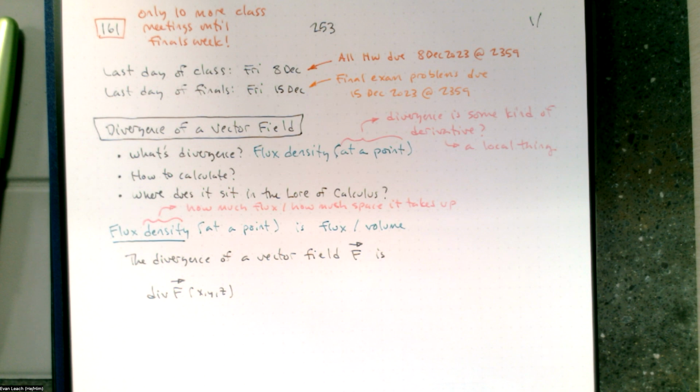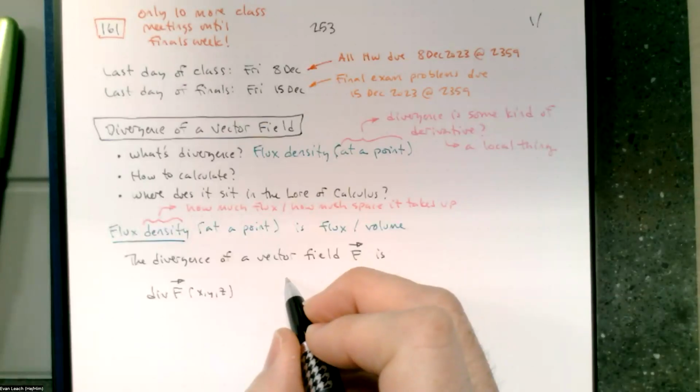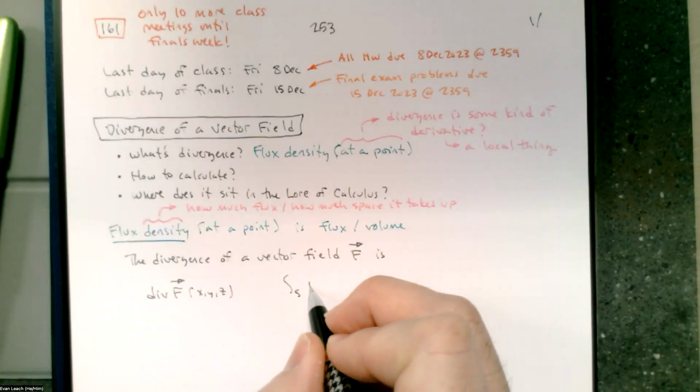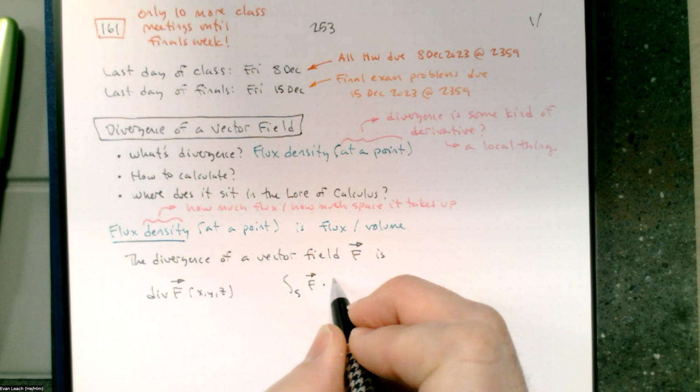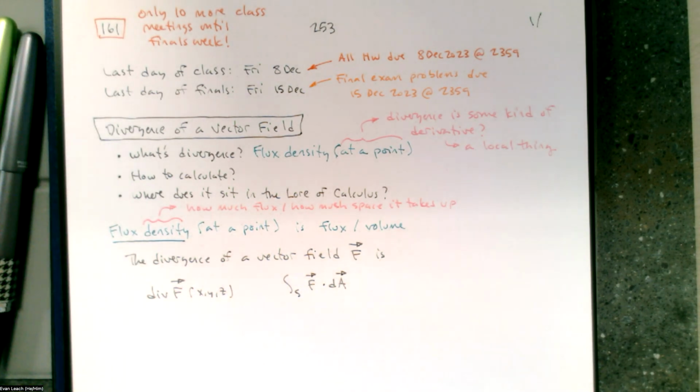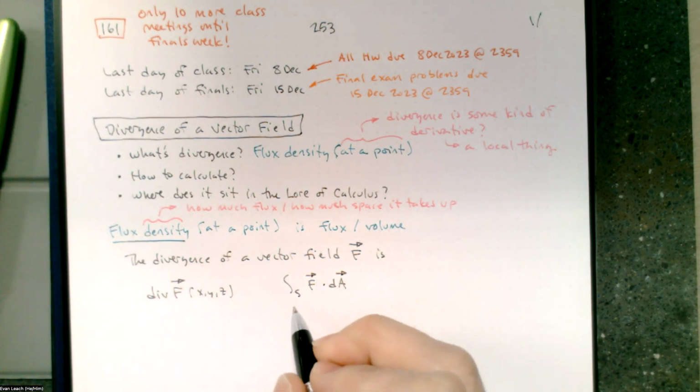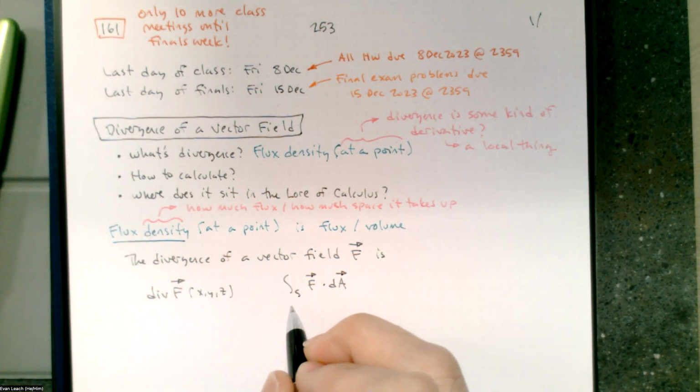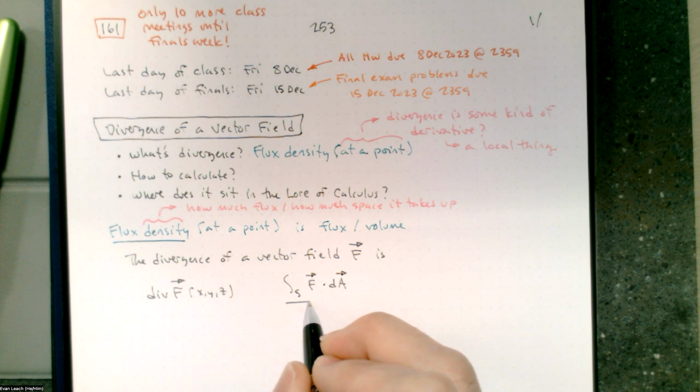We're going to take the flux out of a sphere S, a sphere centered at the point (x, y, z). And we're just going to calculate the flux of the vector field out of that sphere and divide that by the volume of the sphere.